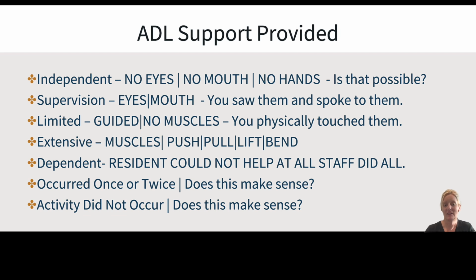And then if activity occurred only once or twice, does that really make sense for the 4 late loss ADLs? Eating, bed mobility, transfers, and toileting. And then the activity did not occur. That probably doesn't make sense either and is more likely a coding error. So really review these, know these, and make sure you can talk to your staff so they understand these codes.